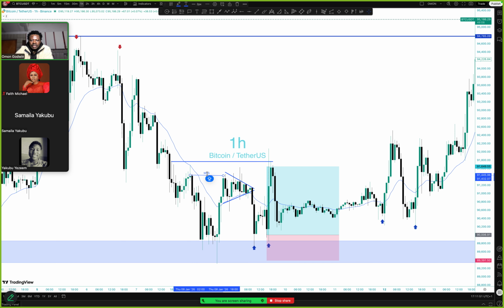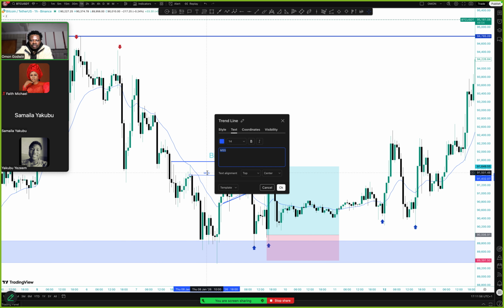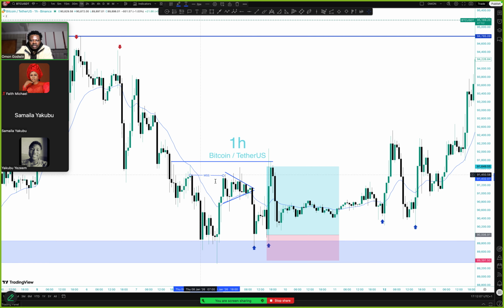Or you can also divide it into two. You come to where it says center. Okay, we're already on the center. Not yet, it said top. No, you put it at the middle like this. You see, you have it like this. You already put it here, MSS, which means market shift of structure. This is your market shift of structure.